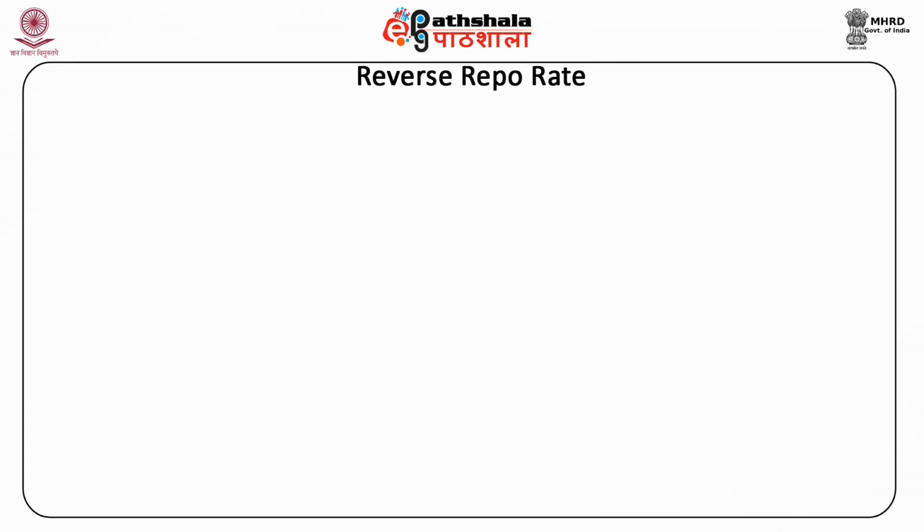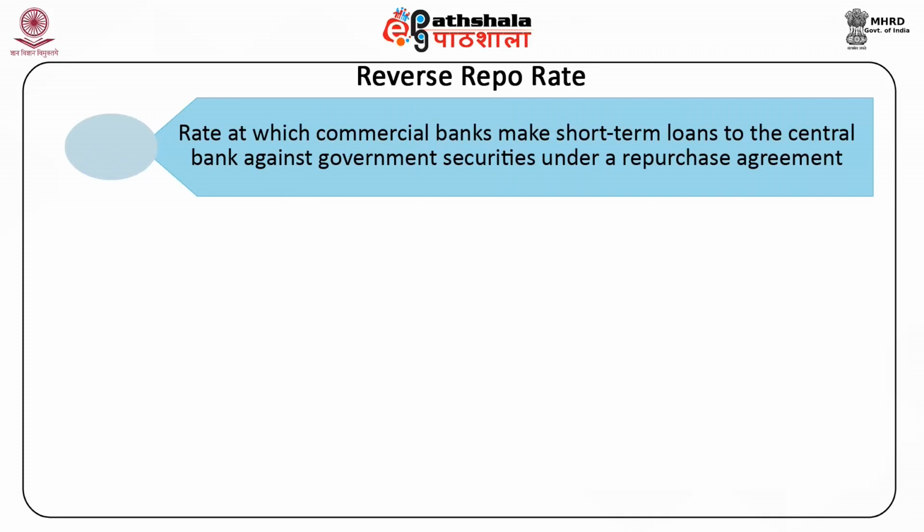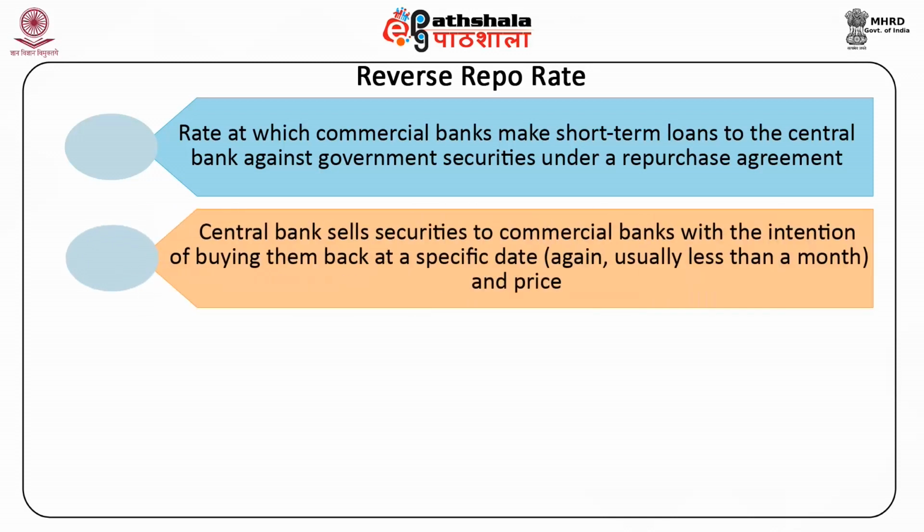Reverse repo rate, on the other hand, refers to the rate at which commercial banks make short-term loans to the central bank against government securities under a repurchase agreement. That is, in this case, the central bank sells securities to commercial banks with the intention of buying them back at a specified date, again usually less than a month, and price.